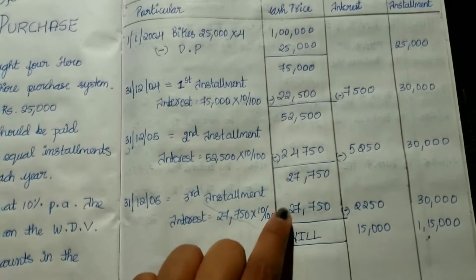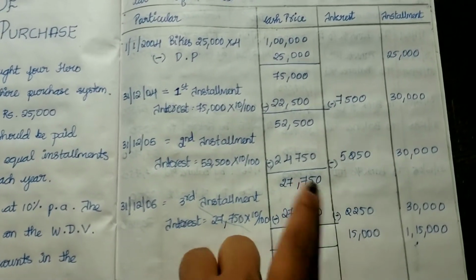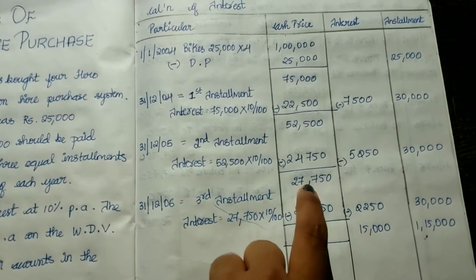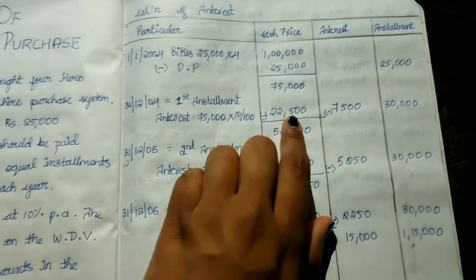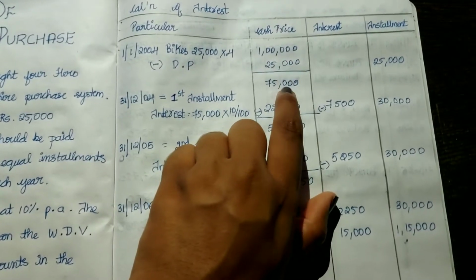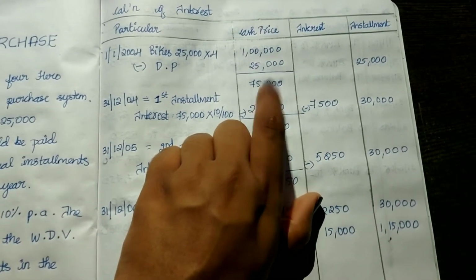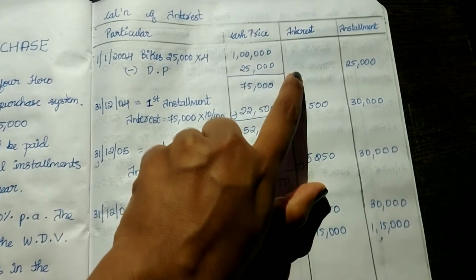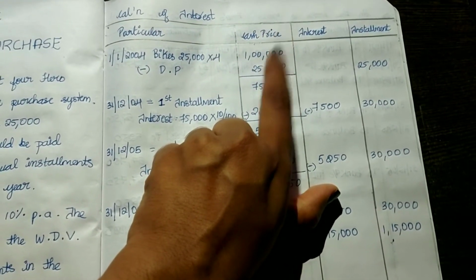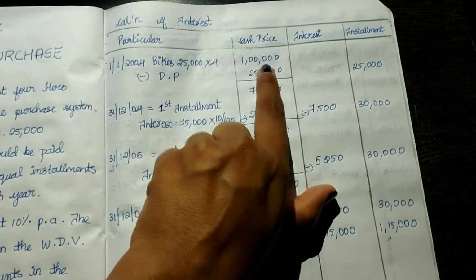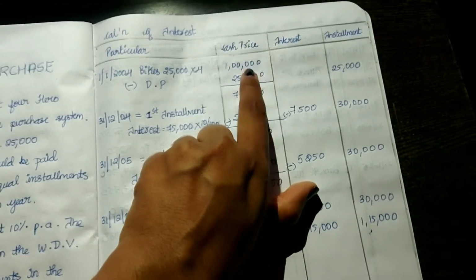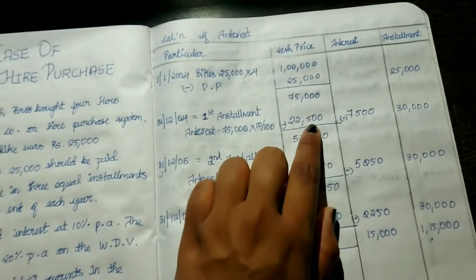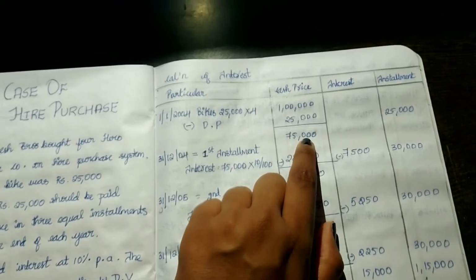In the earlier method, you calculated the interest on the cash price, but here we don't have this price. We have the hire purchase price instead of the cash price, so we don't get this price directly.